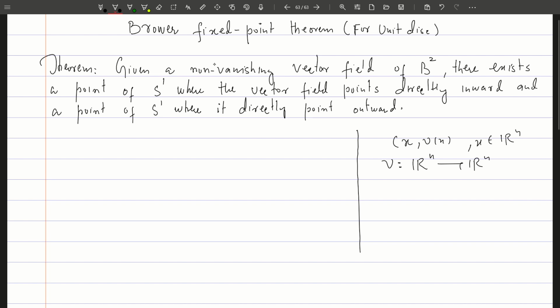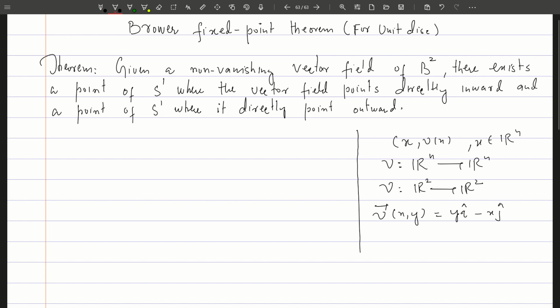For example, consider the function v from R2 to R2, given by v of x, y is y i hat minus x j hat, where i and j are the unit vectors along the x-axis and y-axis.